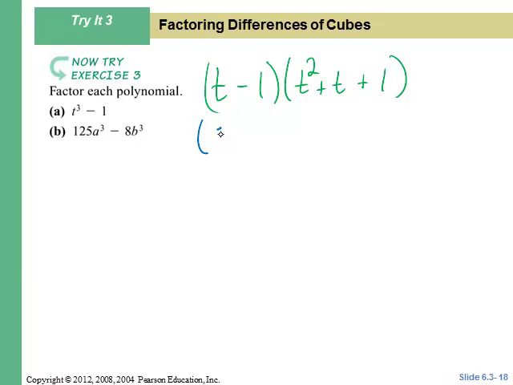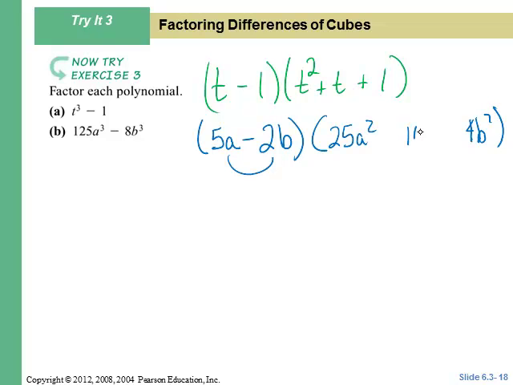Cube root of the first term, copy the sign, cube root of the second term, square the first term, square the last term, multiply these two together, and you have exactly one plus sign.